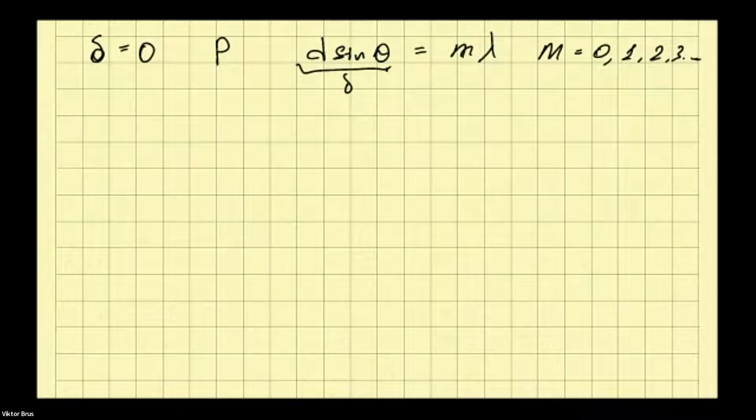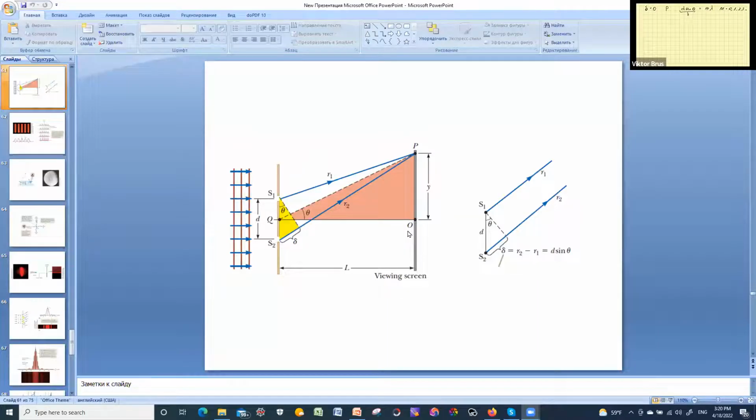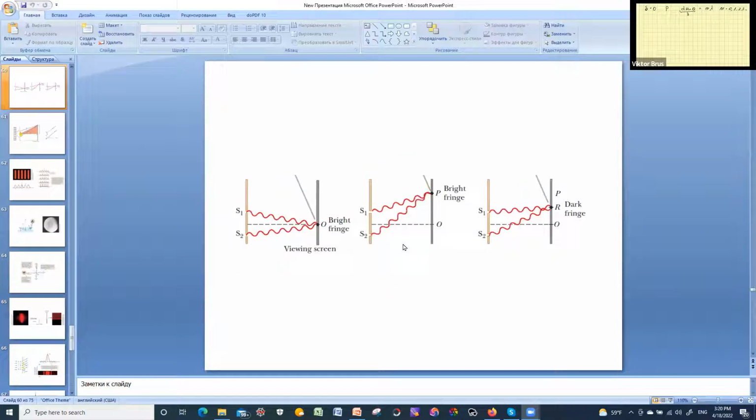Let us now come back again for a moment to our slide. Obviously, if we pick up this point O, which stays on the horizontal line which goes through the middle point between the slits, the path of two waves will be the same.